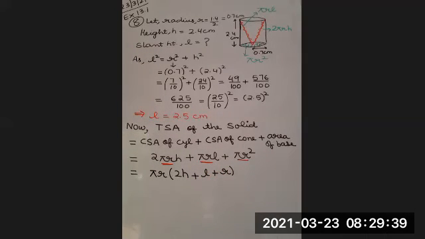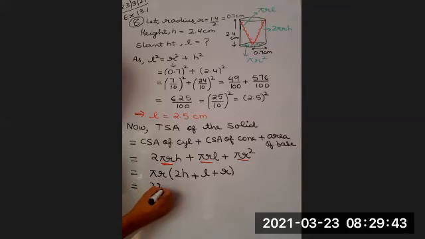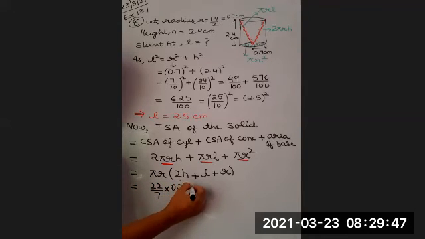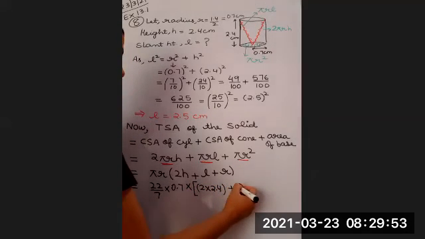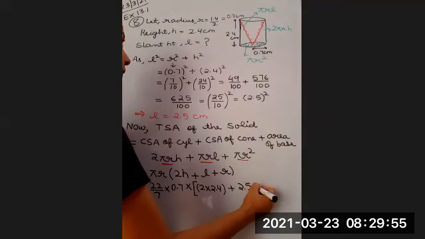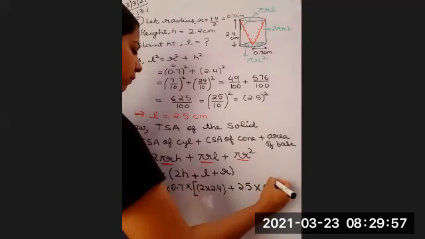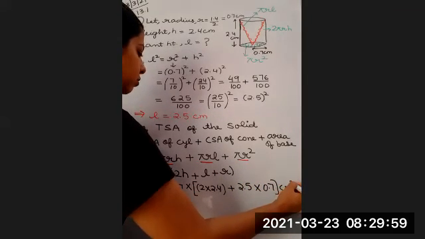Children, put the values very carefully. So this will be 22/7 into 0.7, 2 into 2.4 in one bracket, plus 2.5 plus 0.7 centimeter square.